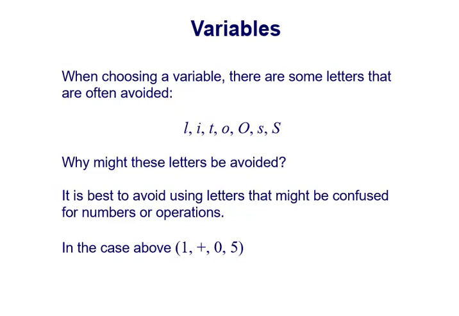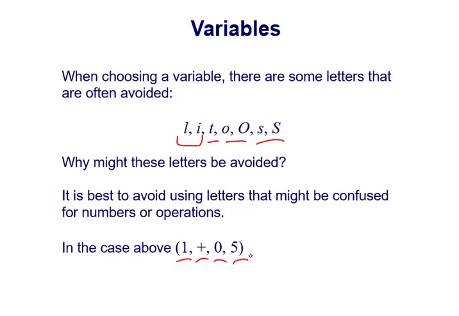Well, these letters are confusing because they almost look like different numbers and operations. So in the case above, the l and the i almost look like the number 1. The little t, the lowercase t, looks like the plus sign. The letter o, whether lowercase or uppercase, looks like a 0, and the letter s, lowercase or uppercase, looks like a 5.